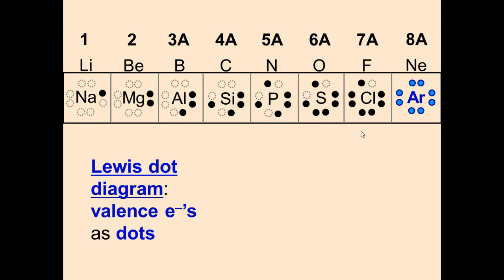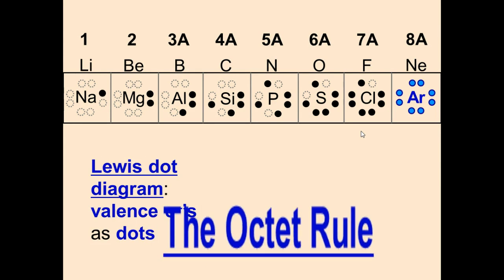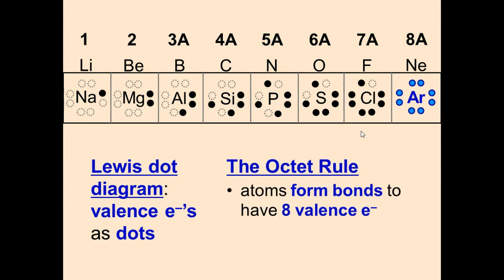And the octet rule says that atoms like to form bonds to have 8 valence electrons. So all these atoms are pretty much like jealous of these noble gases, and they want to have 8. So that is why elements like to bond to form 8 valence electrons.